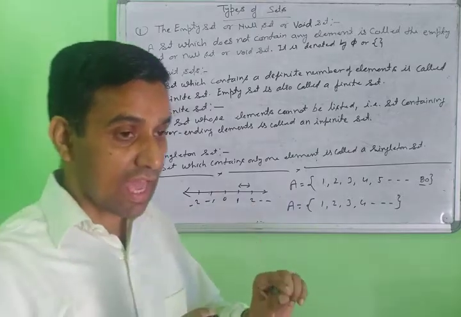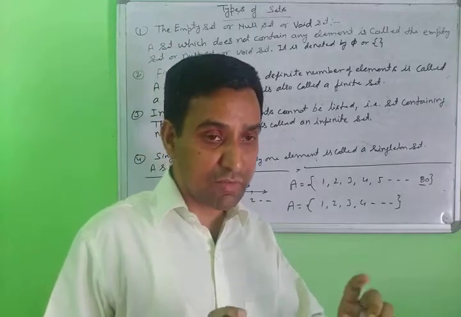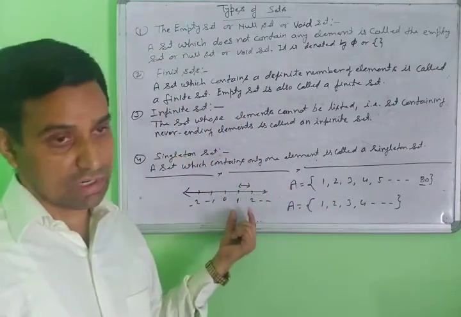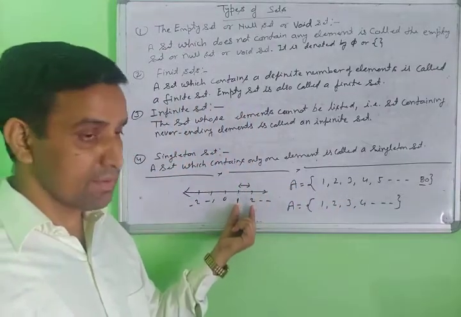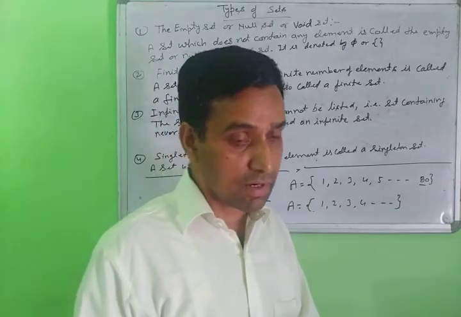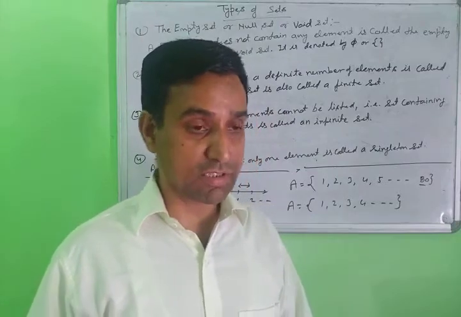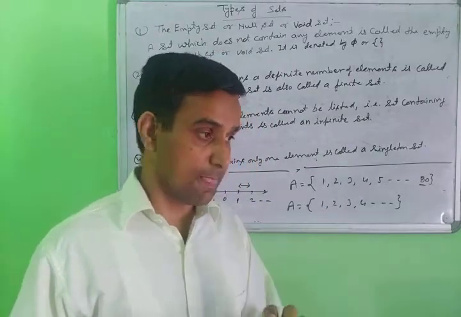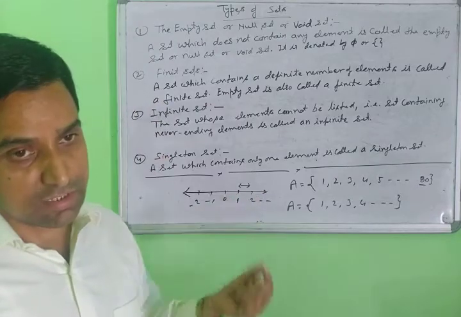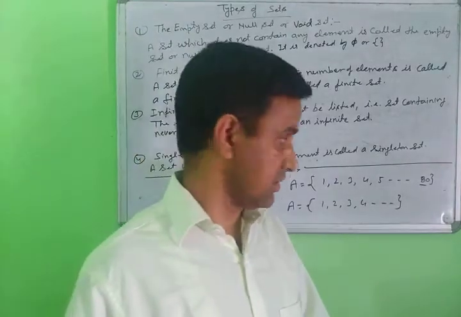Infinite. So between any two real numbers there are infinitely many real numbers. Then it can never be converted into roster form. Set builder form you can write easily, but roster form is not possible.